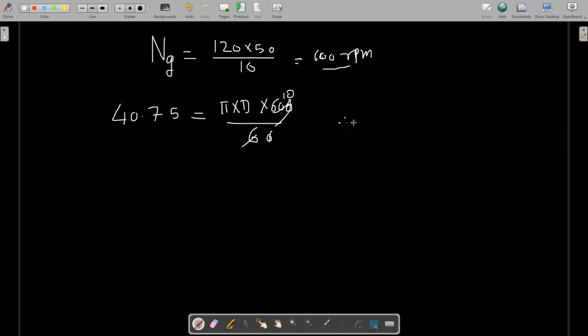So what is the diameter? D you will get is 1.30 meter. So this frequency and number of poles give us that for maximum efficiency, the diameter should be in between 1.25 meter and 1.3 meter.